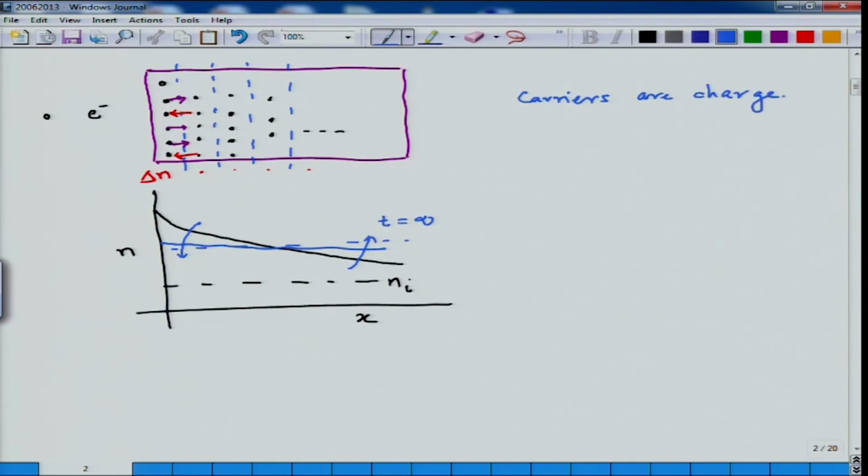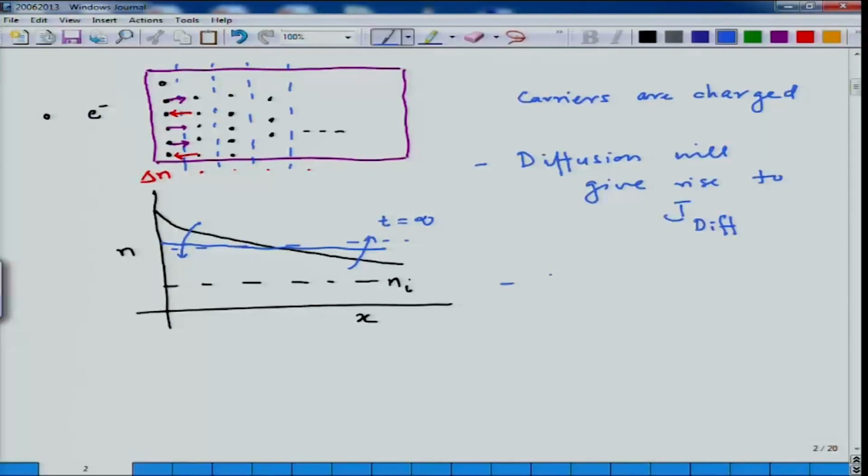Now, in this particular case, since the carriers are charged, diffusion also leads to a current. So, diffusion of carriers, because they are charged, will give rise to a diffusion current. And this will be of two kinds, one due to electrons and the other due to holes. And by the same token, whenever such a diffusion is taking place, you are going to have a charge accumulation in the material, and that will lead to a built-in field in the material that will oppose this diffusion process.